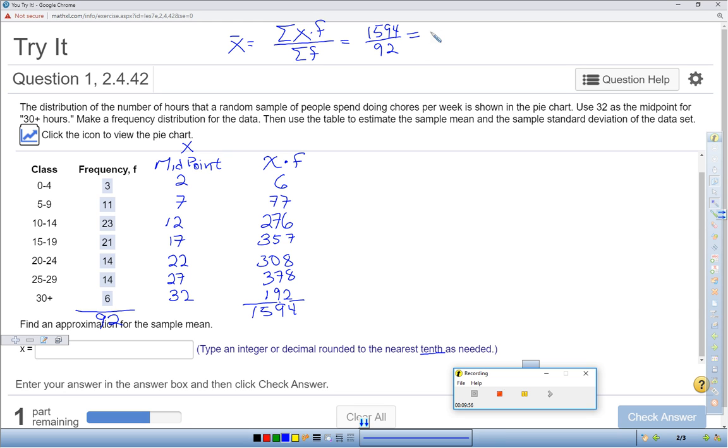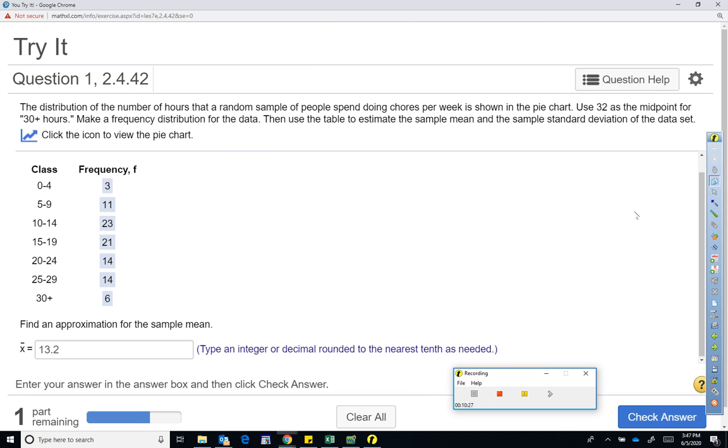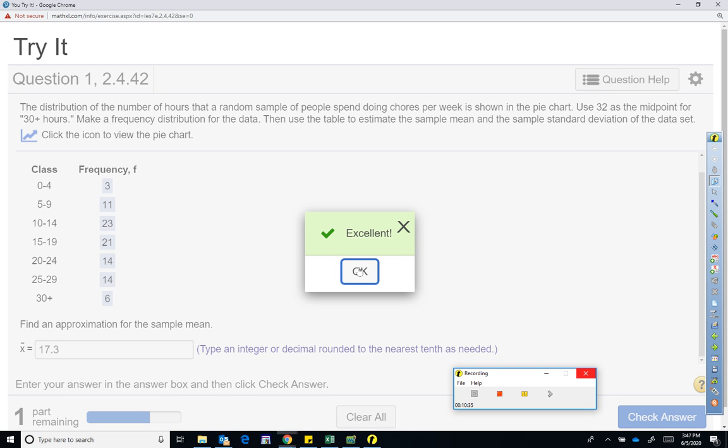Let me write the answer I got: 17.32608. I have more decimals, but rounded to one decimal place, this is 17.3. So let me enter this answer. Check the answer, and now it is correct.